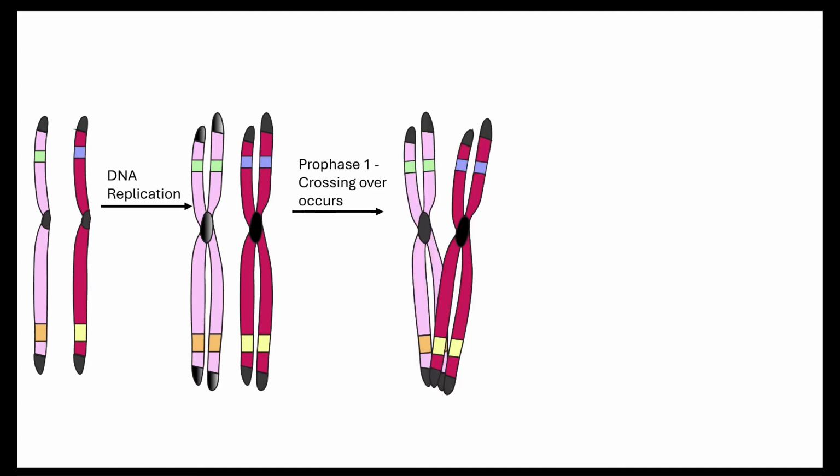Now, when we get to prophase 1, which is the first part of our meiosis process, crossing over can occur. Now what that means is that there are points as they line up as homologous chromosomes, the same length with the same genes at the same location, they line up in bivalents, and sometimes they have what's called chiasmata form, a place in which they will exchange genetic material.